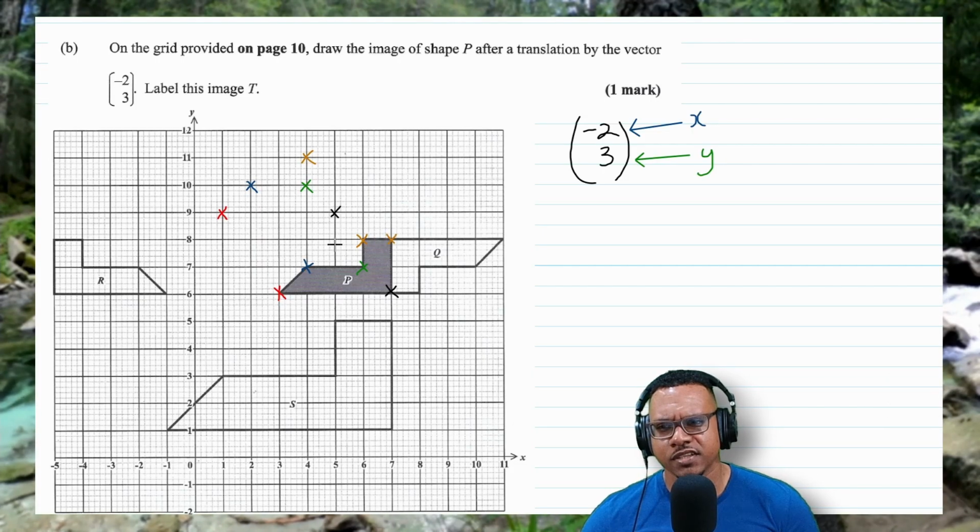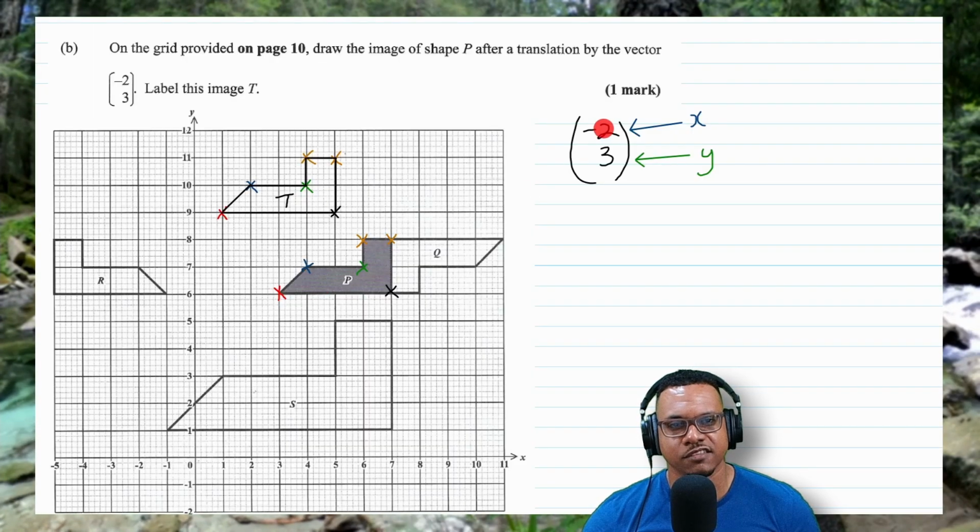With 1, 2 to the left, and 3 units upwards, 1, 2, 3. So that's here. Now let's connect those points and make our shape. We're going to call this shape T. So we have translated this object P to form this image T with a translation vector -2, 3. That means 2 units to the left, 3 units upwards.